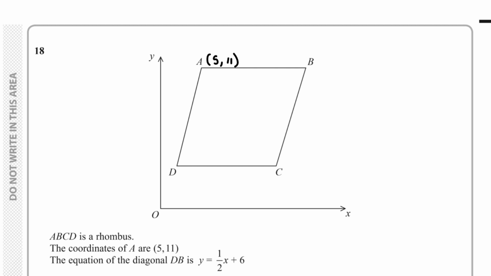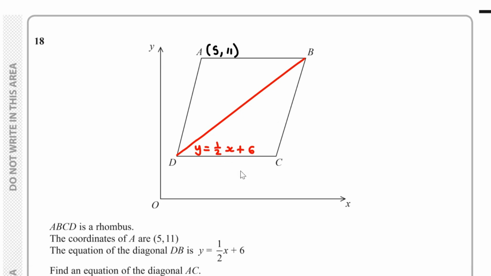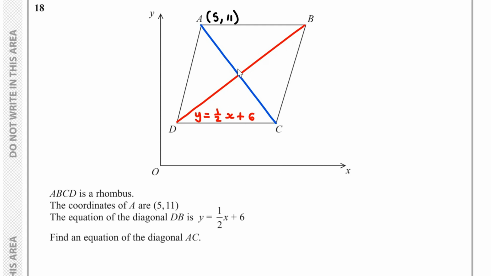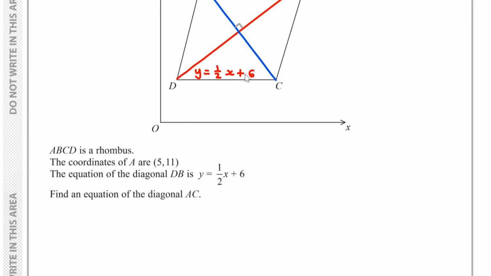So this line over here, I'll just add it in as the equation, y equals 1/2 x plus 6, and we have to find an equation for the diagonal AC. So here we've got the diagonal AC. Now what we should know already is these 2 lines are perpendicular to each other.